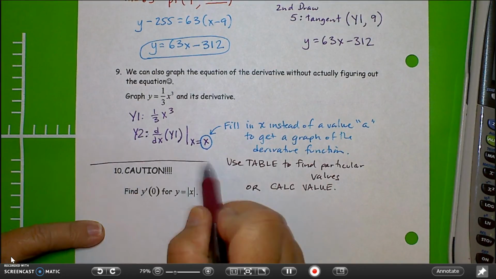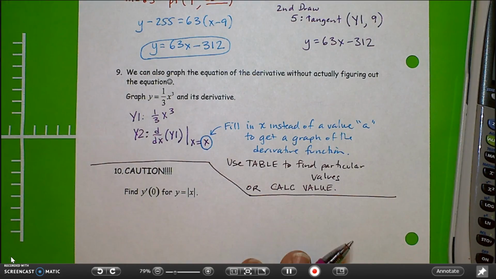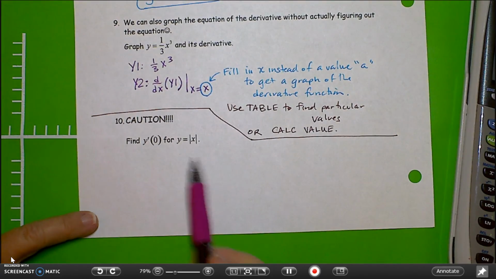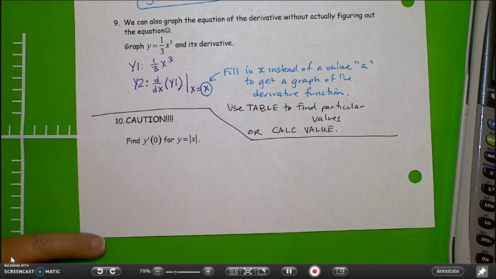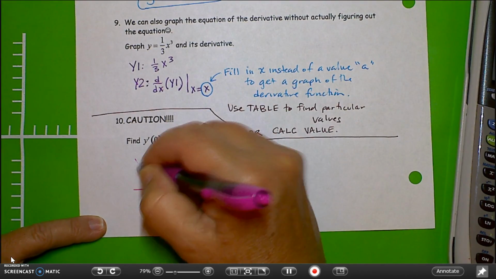Okay. Alright, one more thing. Your calculator is not perfect, and here's an example of a time where your calculator makes a mistake with this derivative. Let's find the derivative value at 0 for the absolute value of x. So if you think about it, we graphed the absolute value of x.